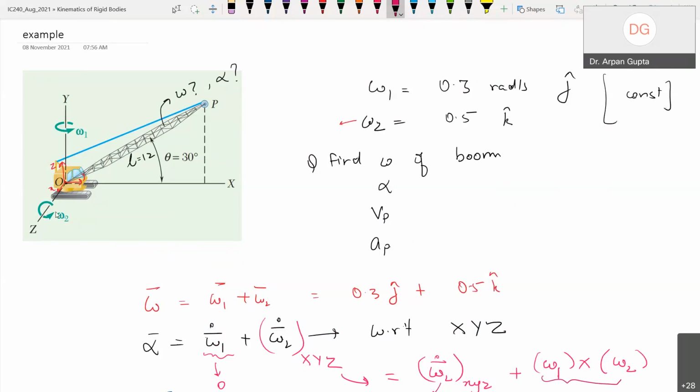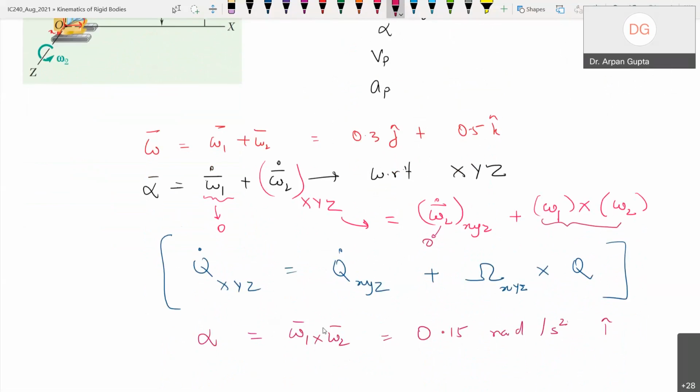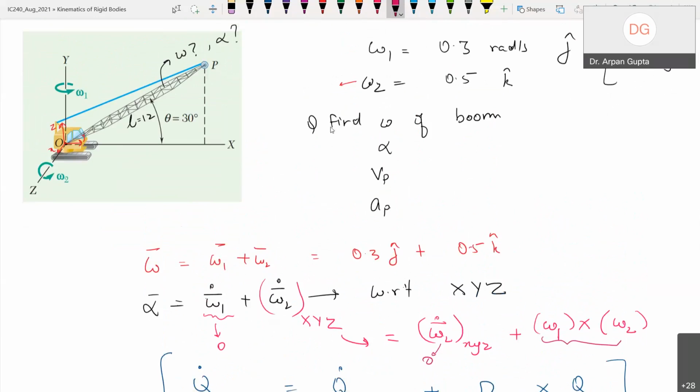So although the magnitude of omega 2 is constant, the direction of omega 2 is changing due to the rotating omega 1. And this change in direction of omega 2 due to omega 1 is this term omega 1 cross omega 2. So this is the angular acceleration alpha of the boom.